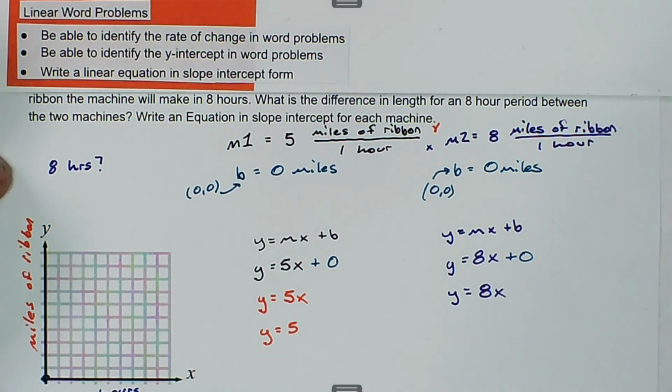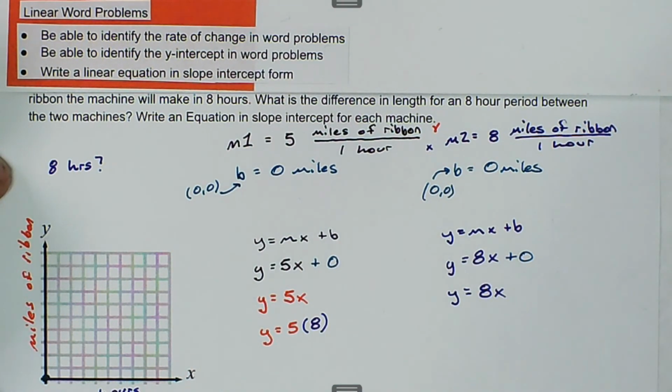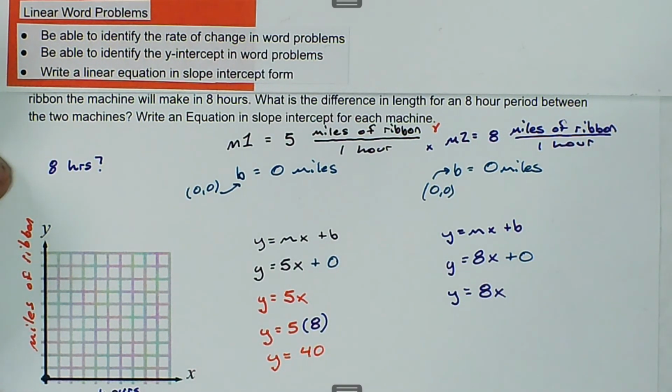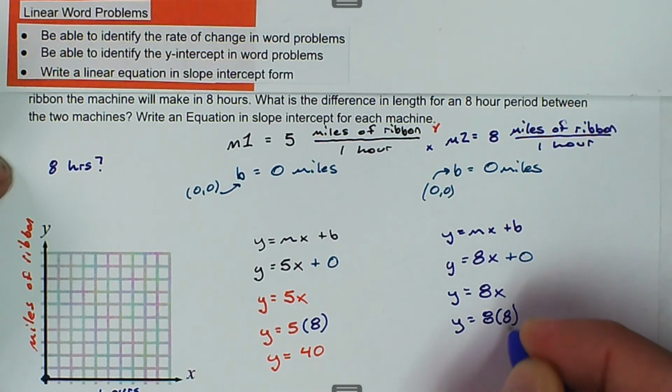So y equals 5 times 8. In this case, we get y equals 40. And when we substitute 8 into this equation, we get y equals 64.